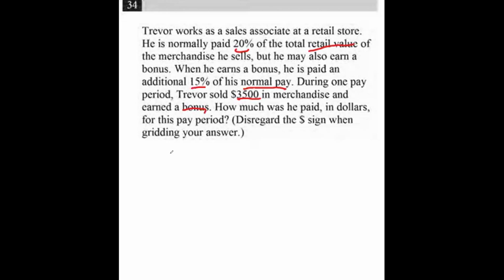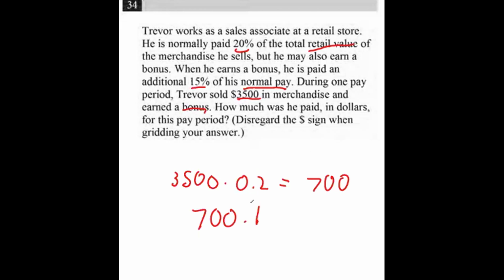So in this case, we take 3,500 and multiply by 0.2 because that's 20%. So that would be 700. And then we take 15% of this, so 700 times 0.15 is equal to 105.